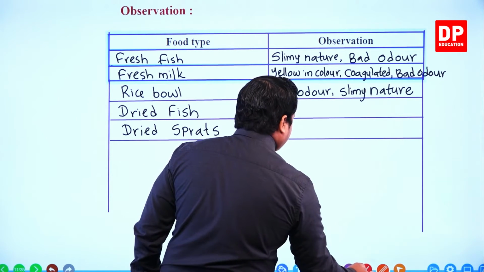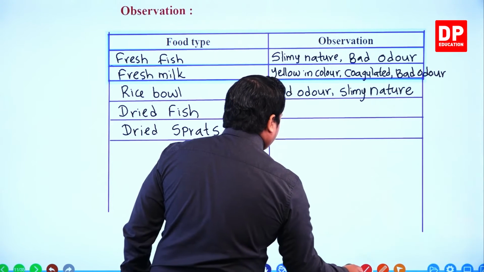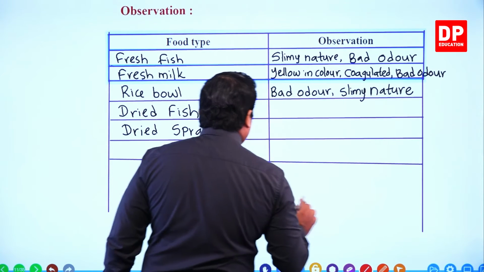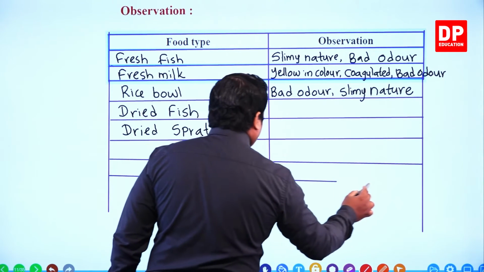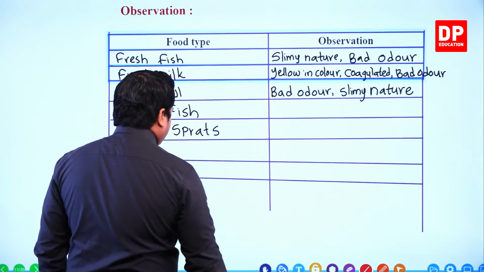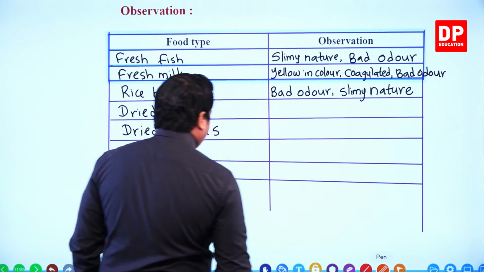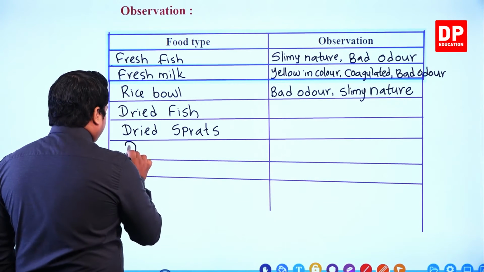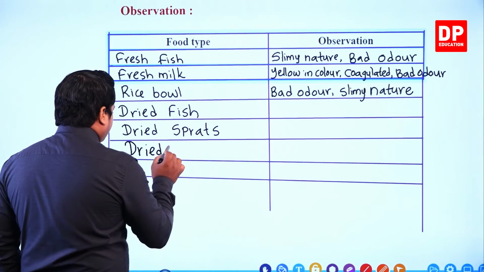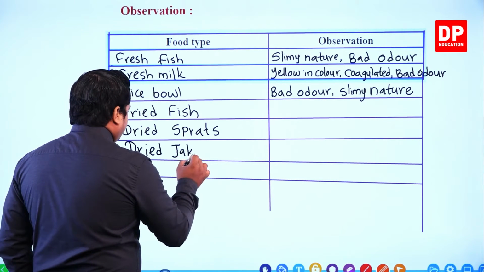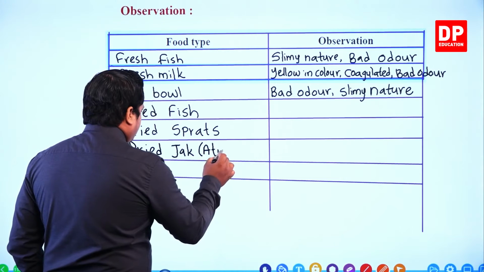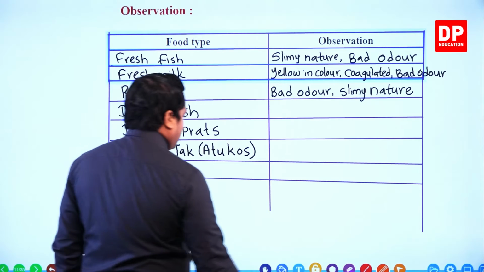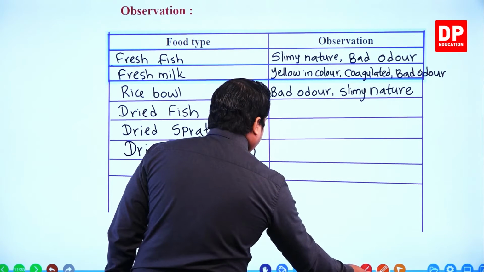Dried spreads. Then there were two other substances. What are those two? Attucos. Okay, attucos. Then sterilized milk.